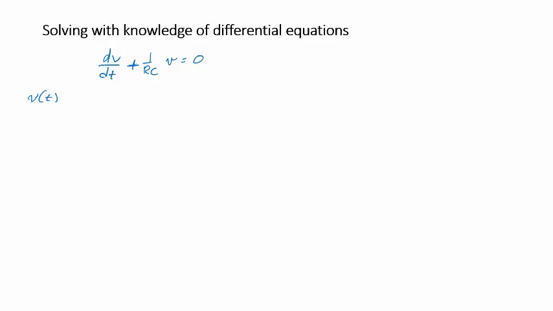You'll learn in differential equations that the only kind of function that can solve this type of equation is an exponential function. And the solution for v of t, the function that solves this differential equation, is always going to have the form.